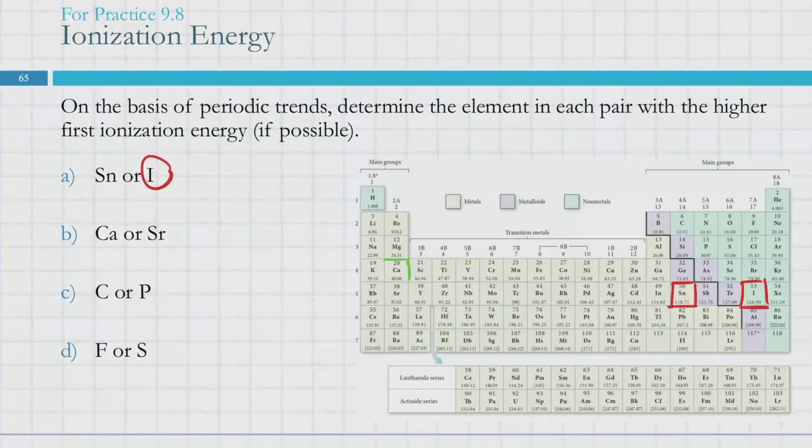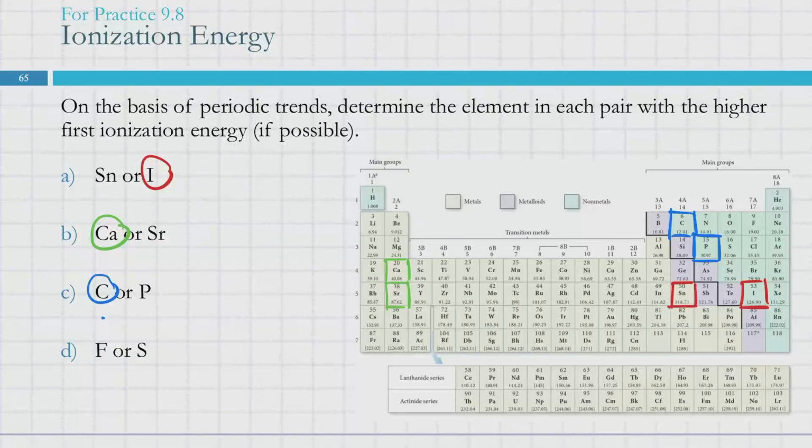We've got calcium versus strontium, which is going to have the higher ionization energy. It's going to be calcium. Ionization energy increases up a column. Carbon or phosphorus, we're looking at C or P. This one is not entirely sure.